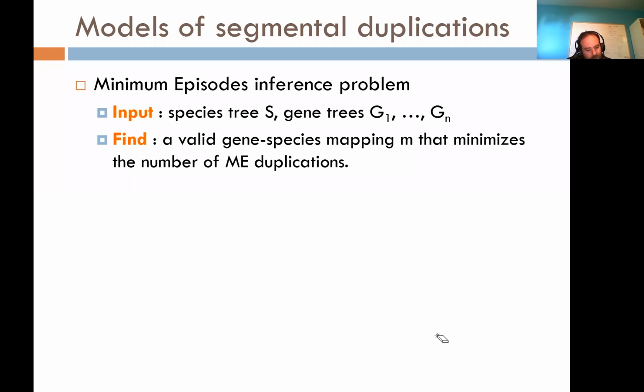And since I'll be talking about this one, I can define that as an algorithmic problem. So you're given the species tree and a bunch of gene trees, and you want to find a valid gene species mapping that minimizes the number of such types of duplications.